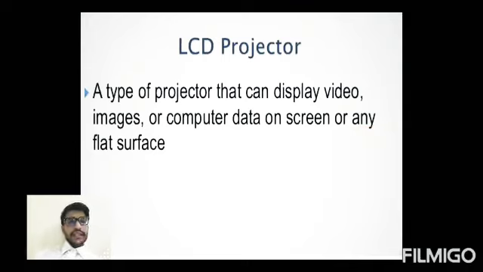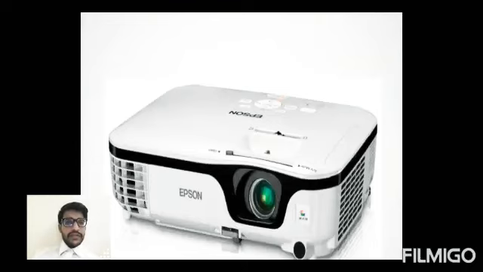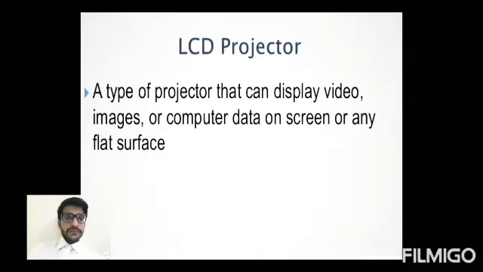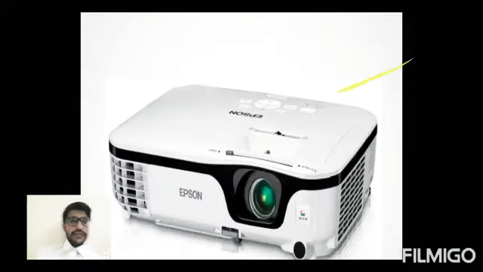LED projector is a type of projector that can display video, images, computer data, or a screen on any flat surface. Image of the LED projector, you can see.